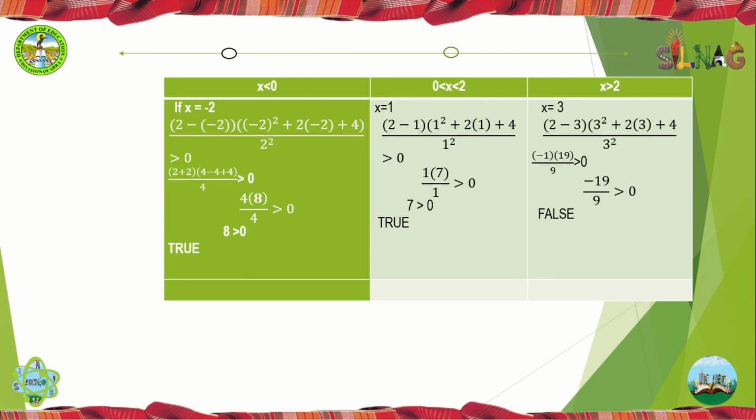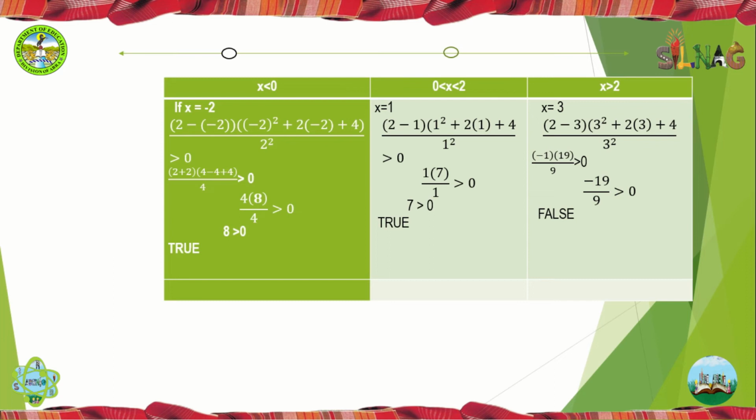Then we have to construct our table. So we have x is less than 0. So let us try negative 2. So we substitute 2 minus negative 2 times the quantity of negative 2 squared plus 2 times negative 2 plus 4 over 2 squared is greater than 0.